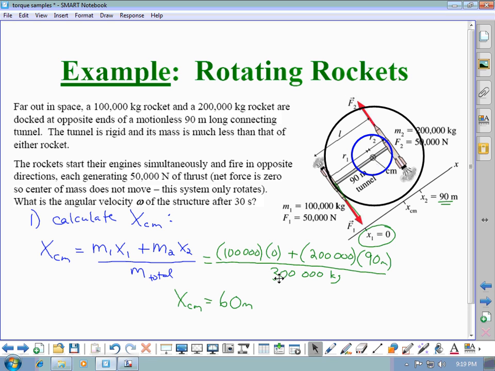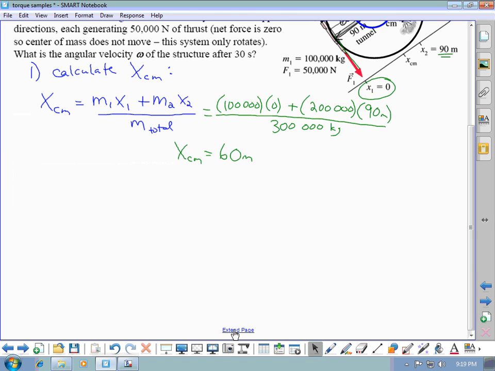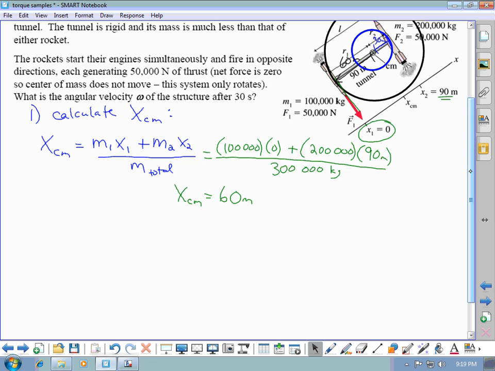That means that this distance for rocket 1 is 60 meters, and this distance from the center of mass to rocket 2 is 30 meters. Okay.